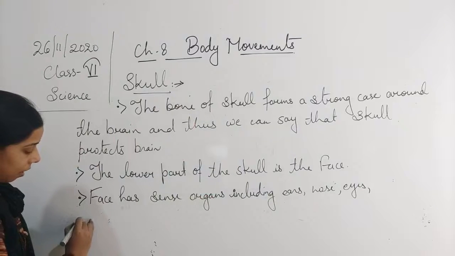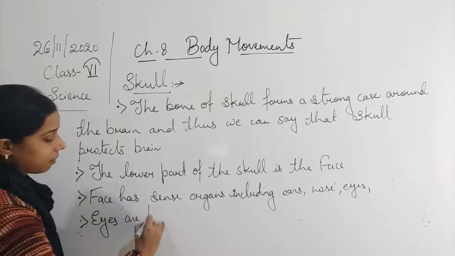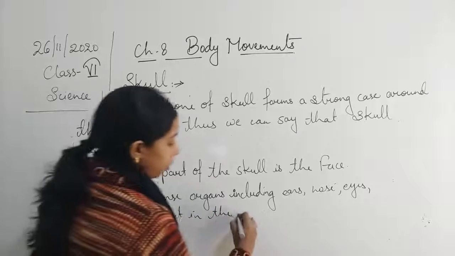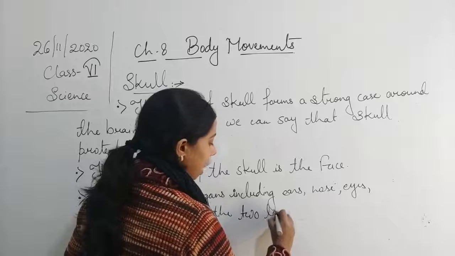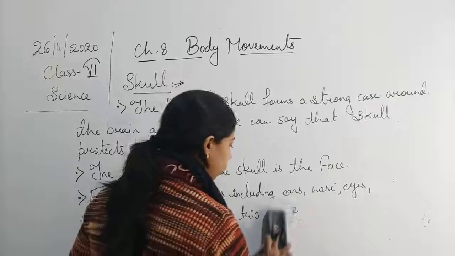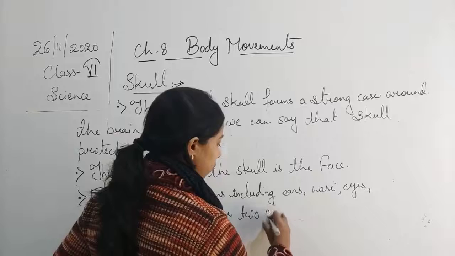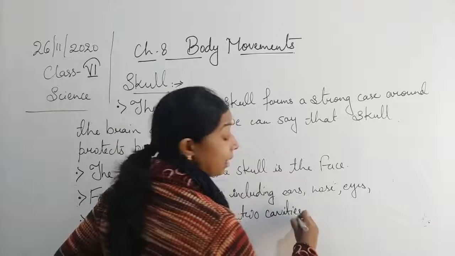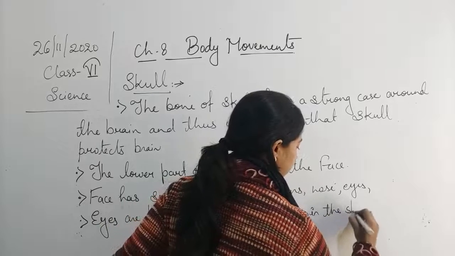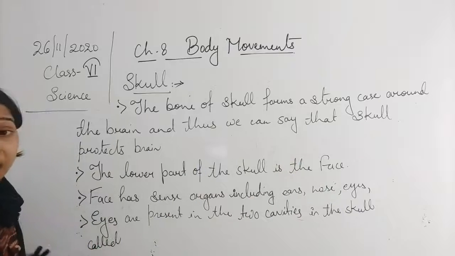Okay, eyes are present in two cavities, small cavities, not large ones, in the skull called eye sockets.